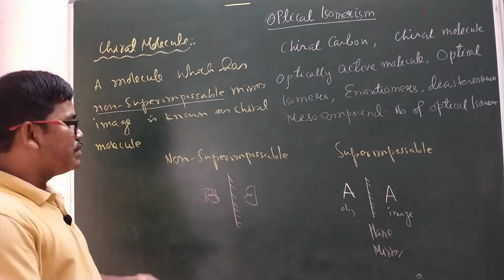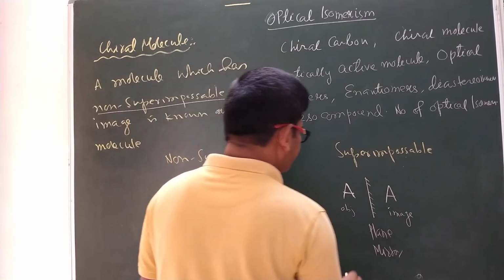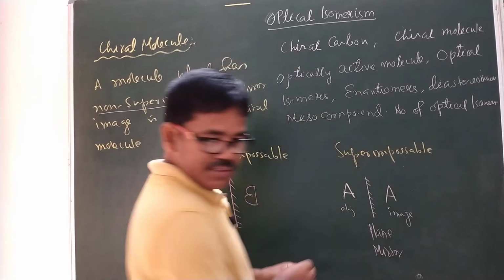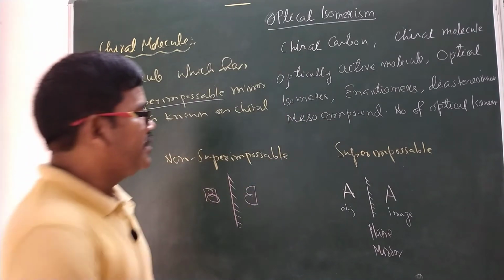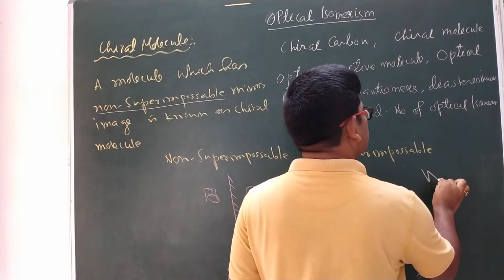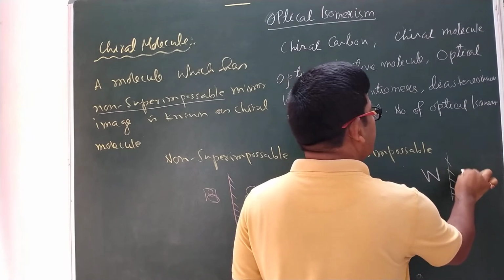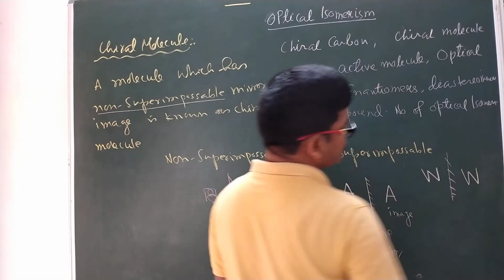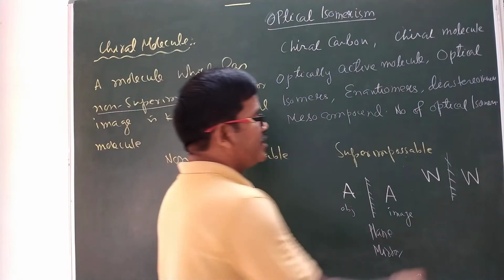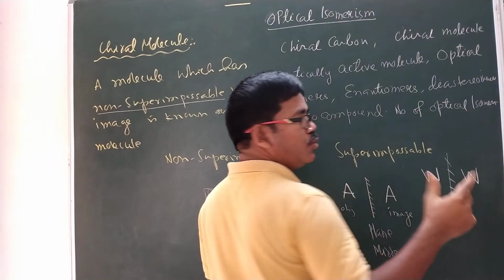I can take some more examples. Suppose I take W, this is the plane mirror. Image will be like the W. If I take this image and try to paste on the object, it looks the same.